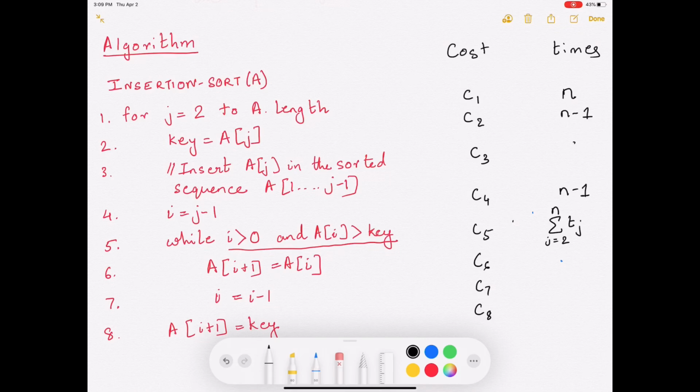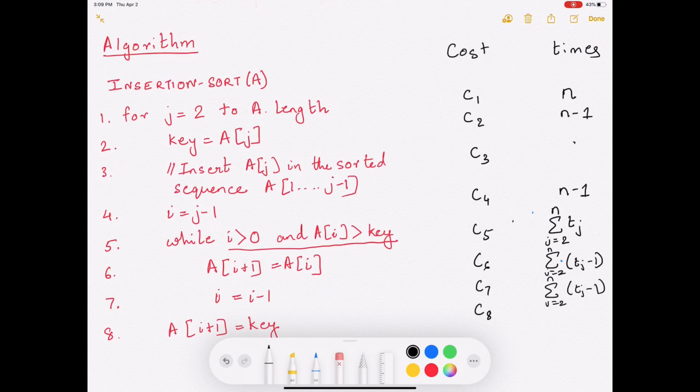Now line 6 executes tj minus 1 times for a particular value of j. So for all the different values of j, it's going to execute from 2 to n. Similarly, for line 7, it executes tj minus 1 times, and you go from 2 to n.